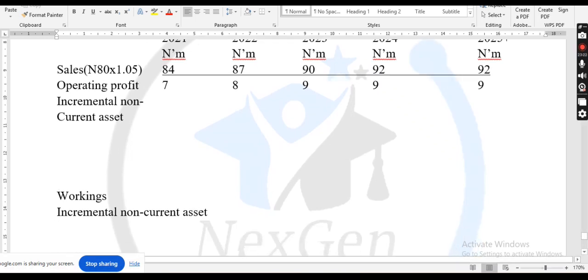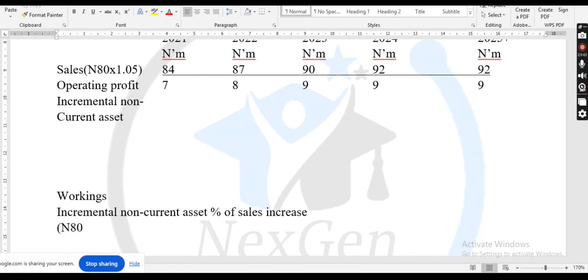Incremental non-current assets as a percentage of sales increase, right? The first sales that we have is 80 million in 2021, minus the increase in 2021, what is it? 84 million, right?